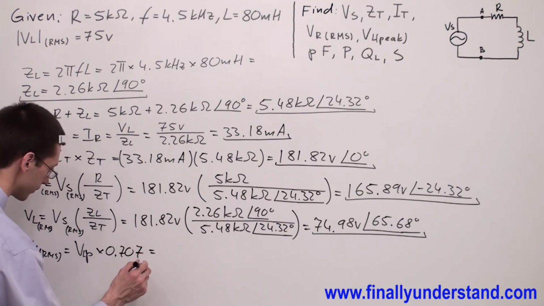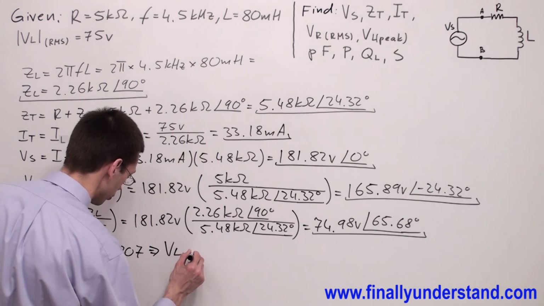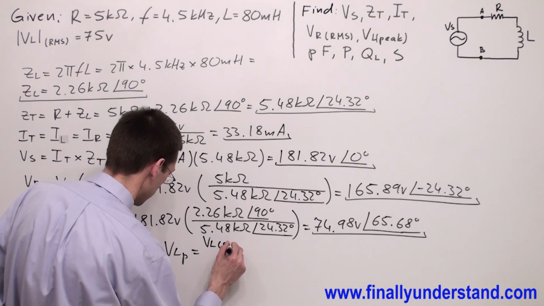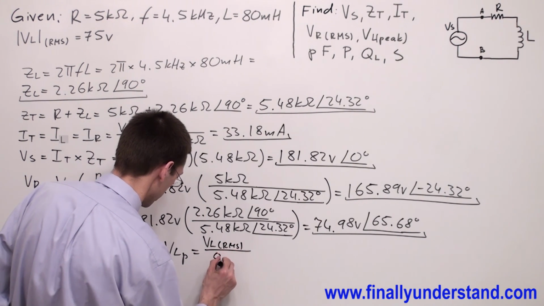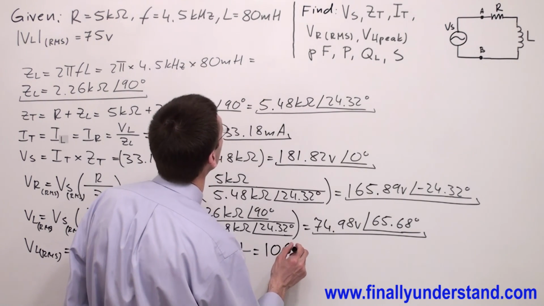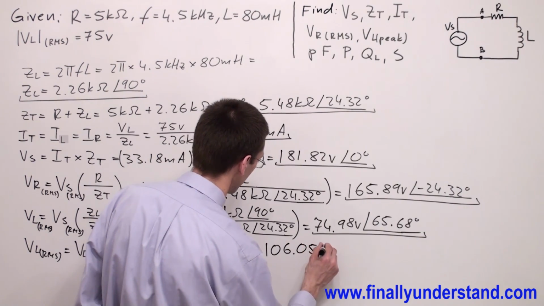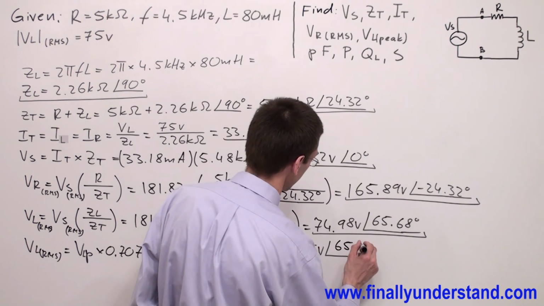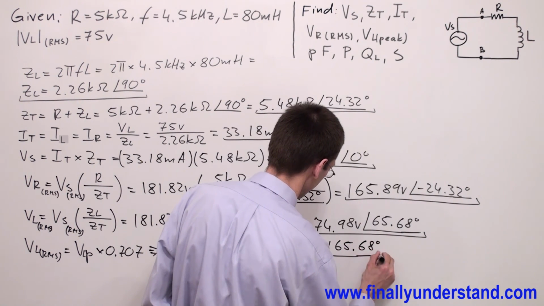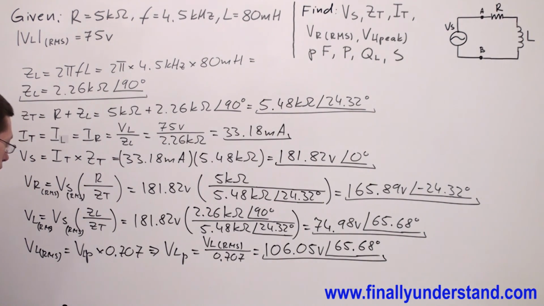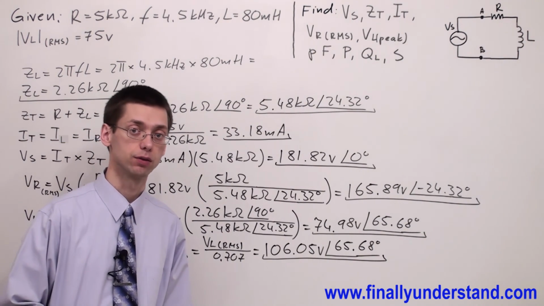So if you want to find VL peak, you're supposed to rearrange the formula, and you will have VL RMS over 0.707. So VL peak is equal to 106.05 volts and angle of 65.68 degrees.